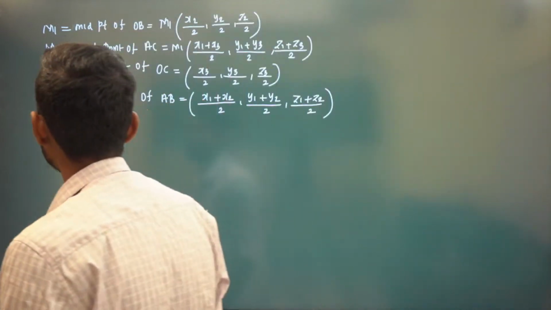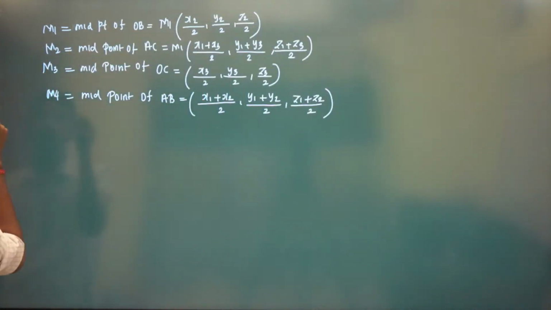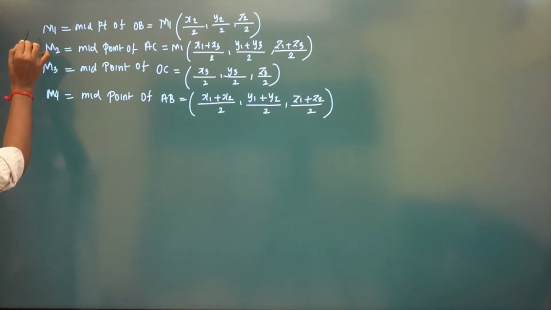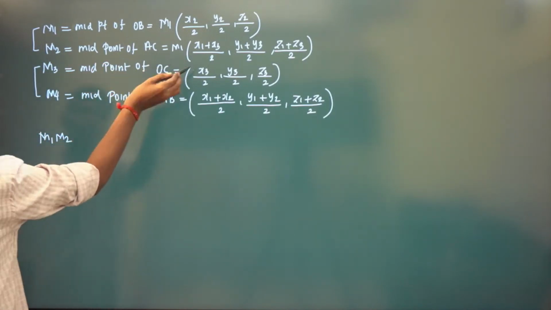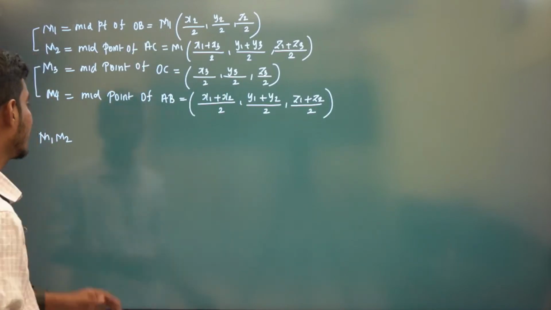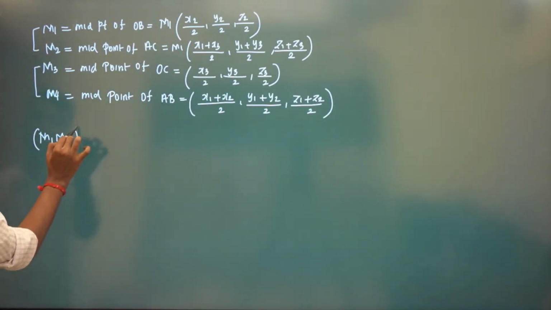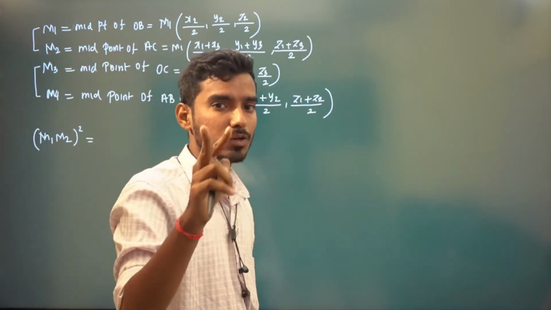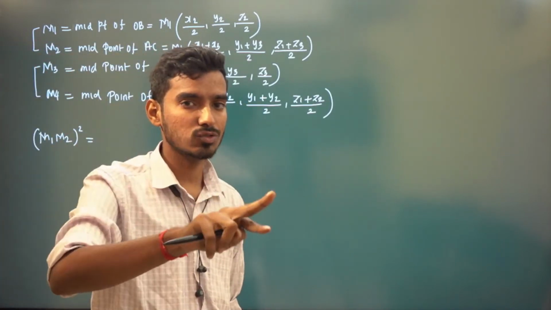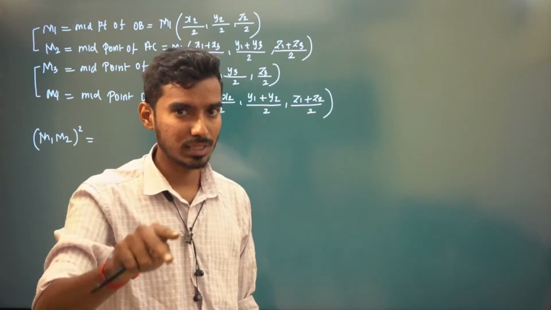Okay. Now you need to prove M1 M2 equals M3 M4. Find the distance between M1 and M2, and the distance between M3 and M4. The distance between two points is the root of (x2 minus x1) whole square plus (y2 minus y1) whole square plus (z2 minus z1) whole square.